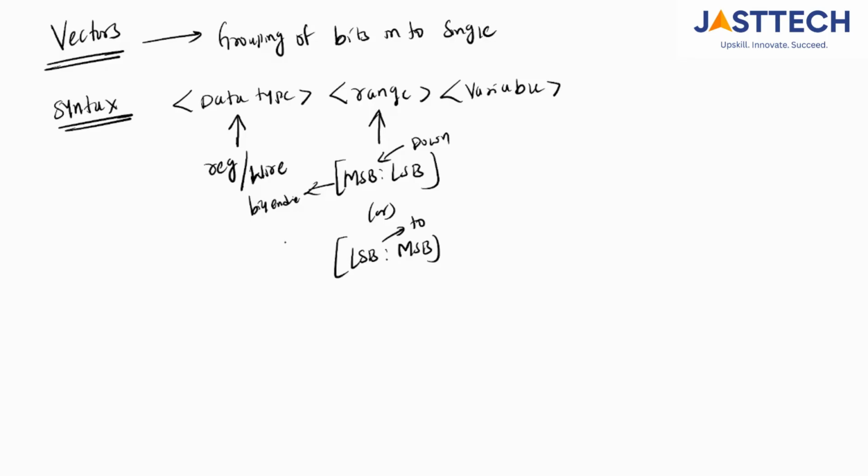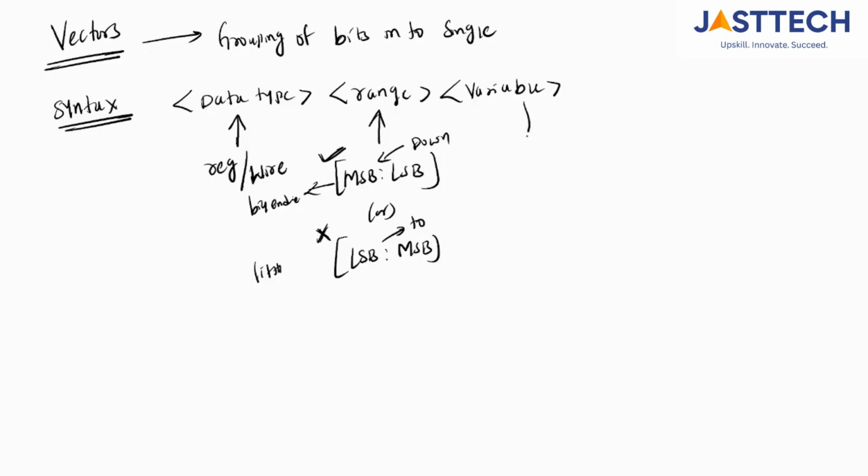MSB down to LSB is big endian, and LSB to MSB is little endian. Mostly the little endian form is not preferred. Big endian is preferred, where first the MSB comes and then the LSB.